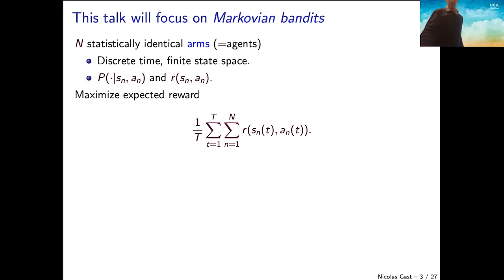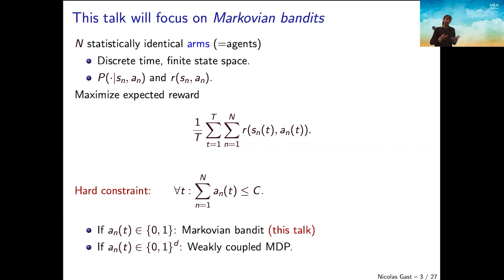Okay. And so the constraint I'm going to have here is that I have a C, which is some finite capacity. And what I have is that at all times, the sum of my actions over all my arms should not be larger than C.